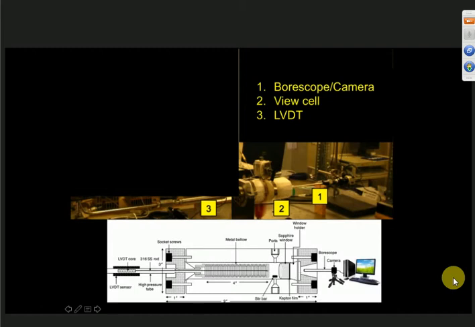In this schematic, here is the borescope that is used to see inside the cell, and there is a sapphire window, so clear glass. Then this is the cell internal part, and this is a metal bellows. You can imagine it like a movable piston. The front end of this bellows is connected with a rod.